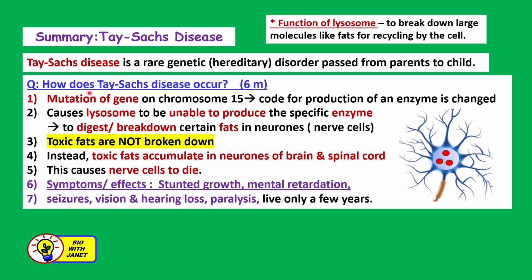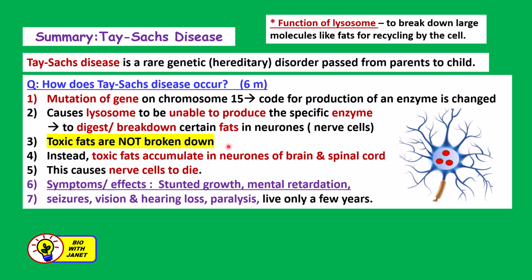So okay, this is the question. How does Tay-Sachs disease occur? Firstly, there's mutation of the gene on chromosome number 15 that codes for the production of an enzyme. So the code for the production of an enzyme to digest fats is changed. This causes the lysosome to be unable to produce a specific enzyme to break down certain fats in the neurons.